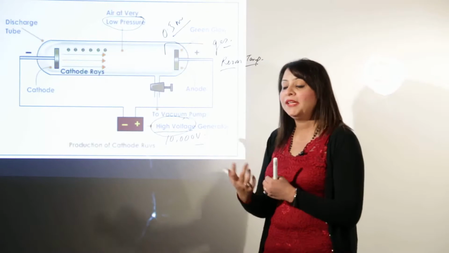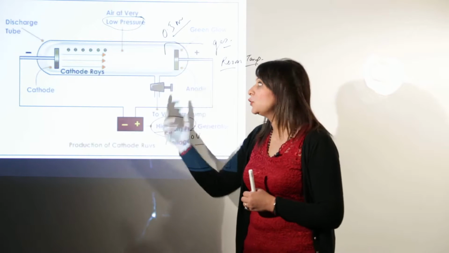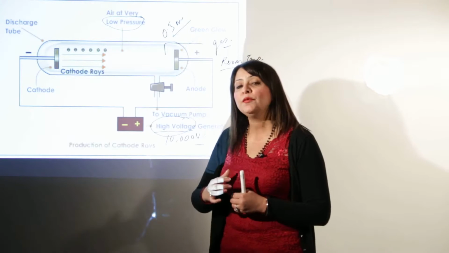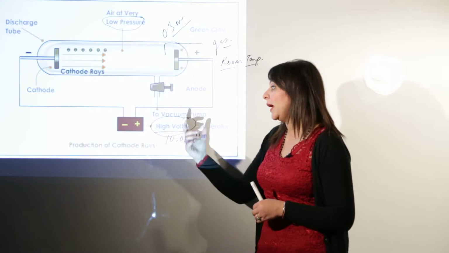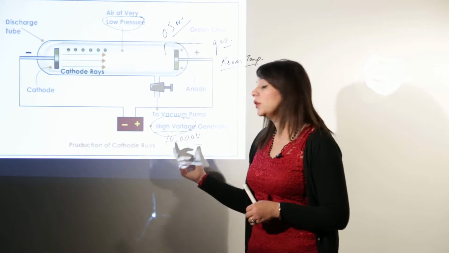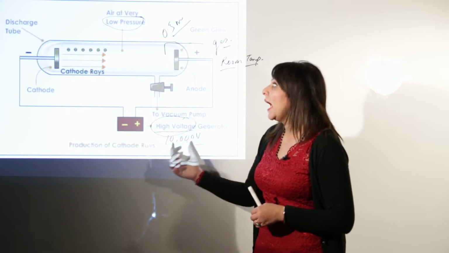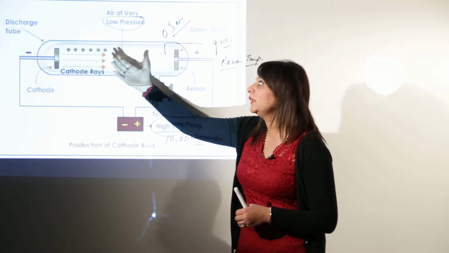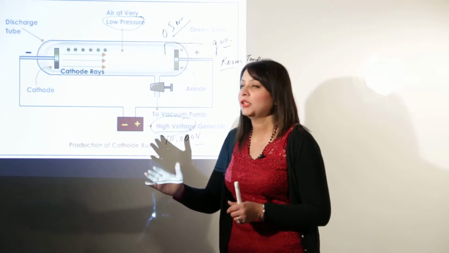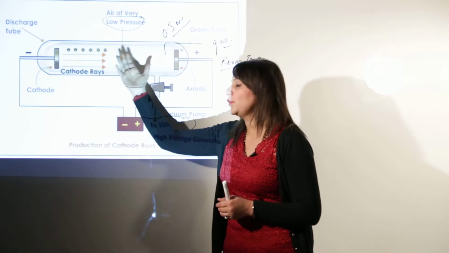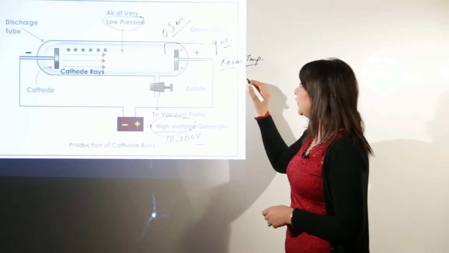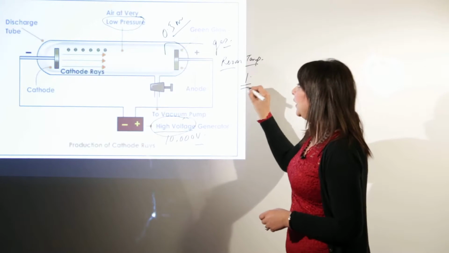So while performing the experiment, he kept these two conditions in mind, that if we want the gas to be conducting, he has to take the battery of high voltage. So he took the 10,000 volt battery, and firstly he took the gas at normal room pressure. Sorry, I used the word temperature, it is pressure, normal room pressure. So atmospheric pressure. So what happened, what did he get to see?